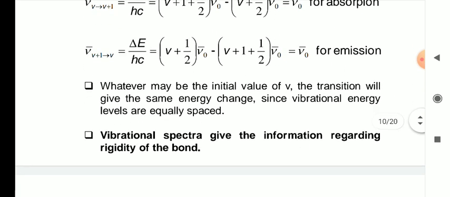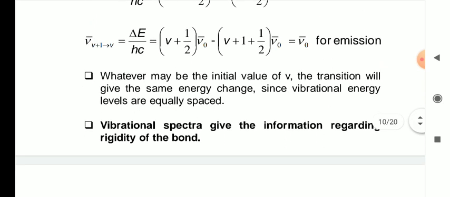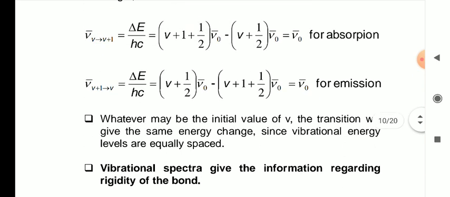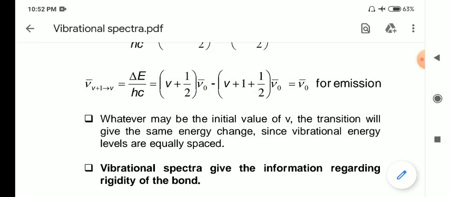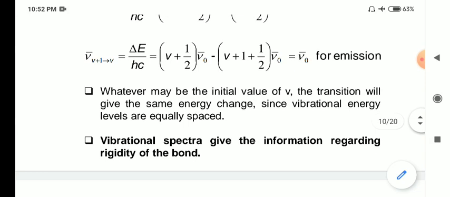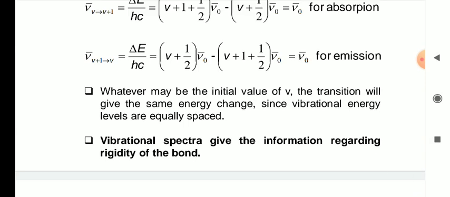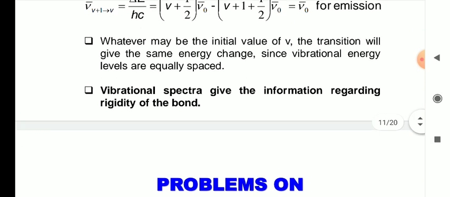Whatever may be the initial value of v, the transition will give rise to the same energy change, since the vibrational energy levels are equally spaced. So from these two, the absorption equation and the emission equation, the energy difference becomes the same, hence the vibrational energy levels are equally spaced. Vibrational spectra give information regarding the rigidity of the bond.